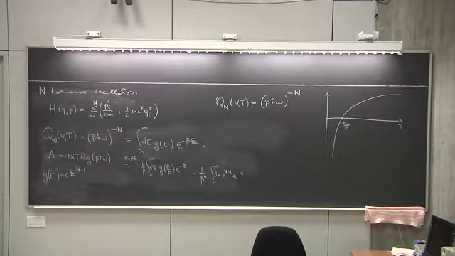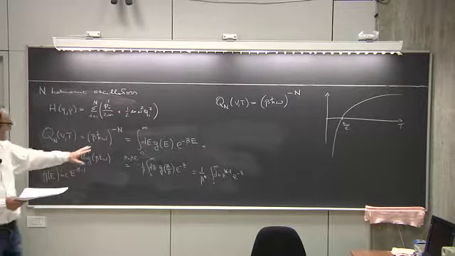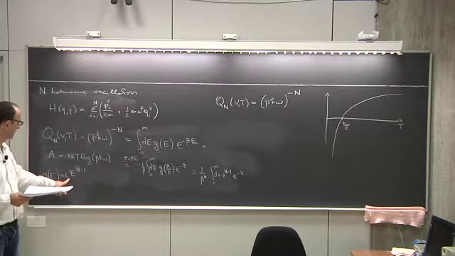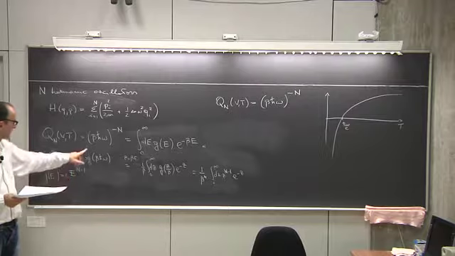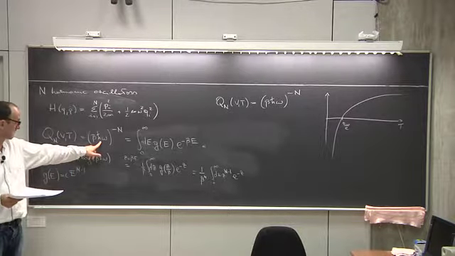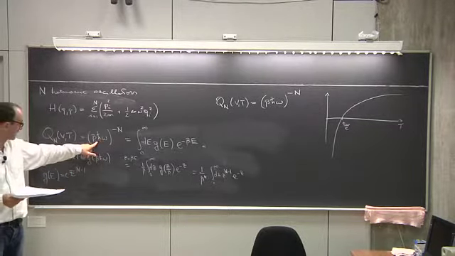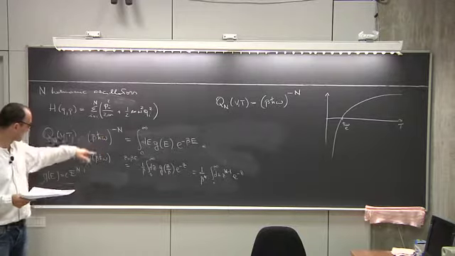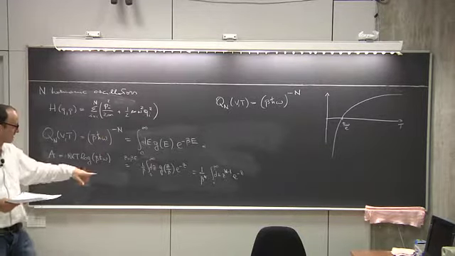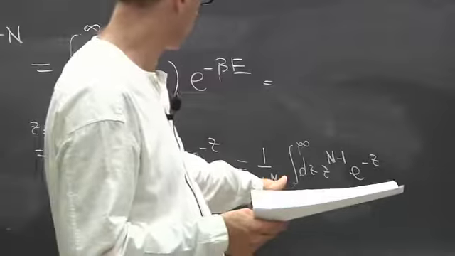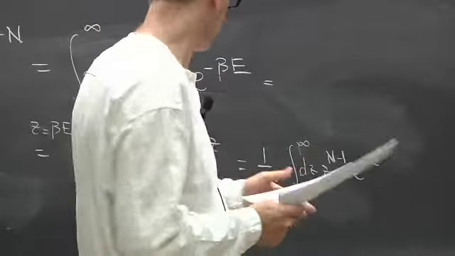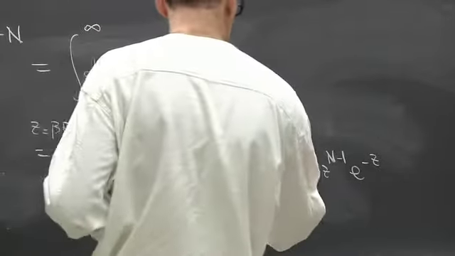And now you see this coefficient here. If you want to require that this coefficient does not depend on n, well, it's just h bar omega divided by n. Sorry, and there is a constant here.